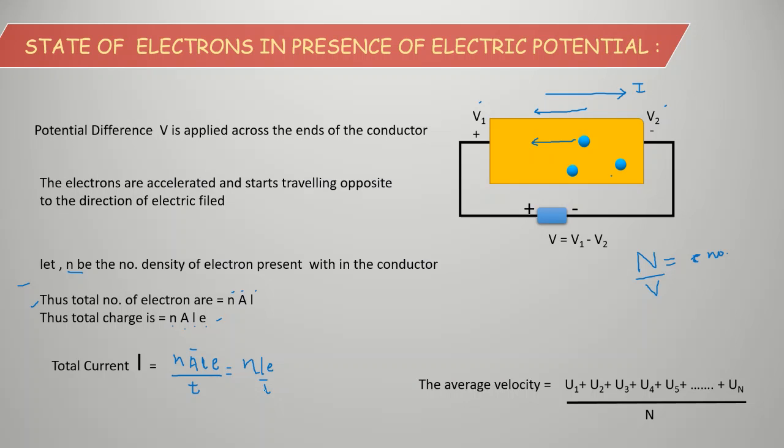So for L over t we put v, and A, and thus we obtain I equals nAev, where v is the average velocity of all the electrons with which they are accelerating and moving from the negative to the positive end.